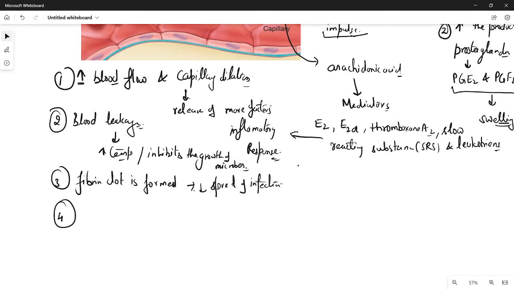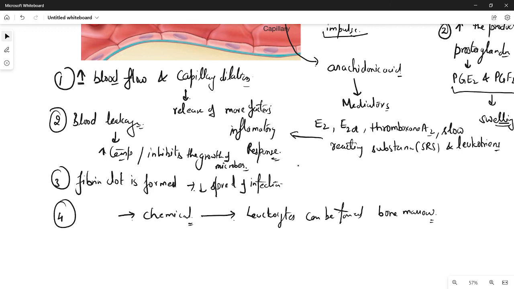The neutrophils and leukocytes get collected in the inflamed area, where they cause phagocytosis and also release certain chemicals so that more leukocytes can be formed from the bone marrow. These are the events which occur during the inflammatory response.